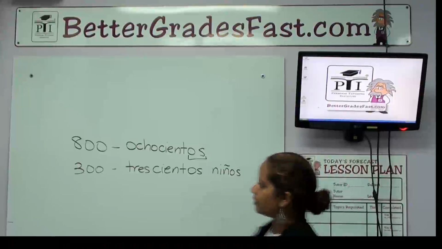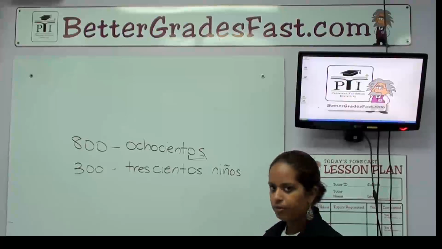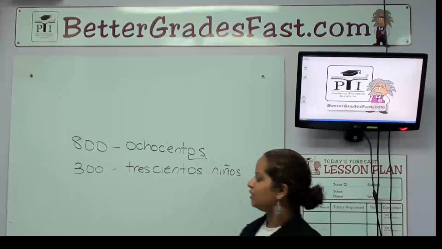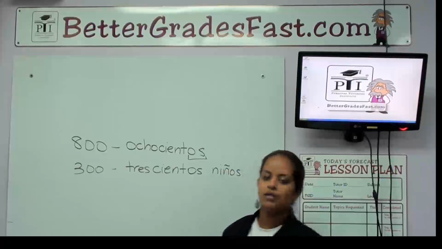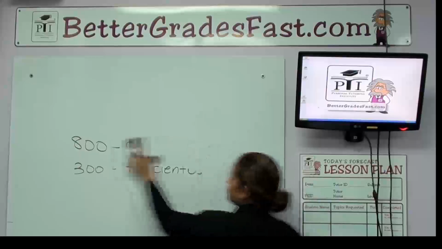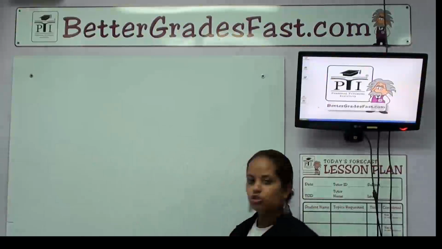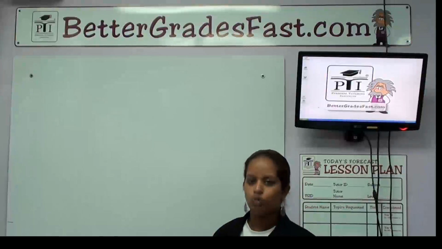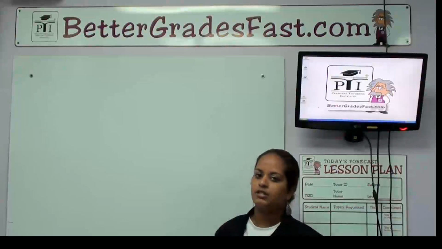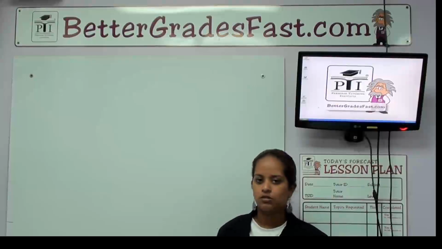There are some exceptions with numbers in the hundreds. For example, if you want to say 500, the word "cincocientos" does not exist. I will show you those exceptions now. 200 is regular, 200. 300 also, 300. 400, 400.